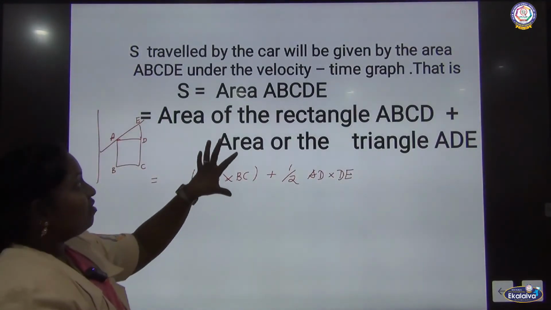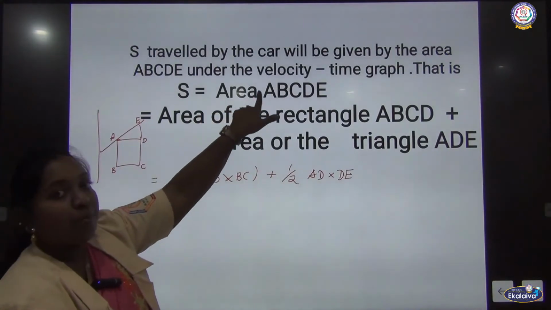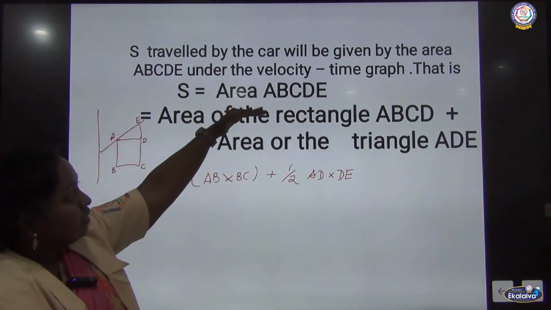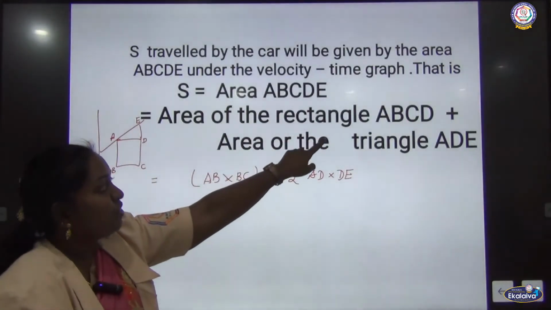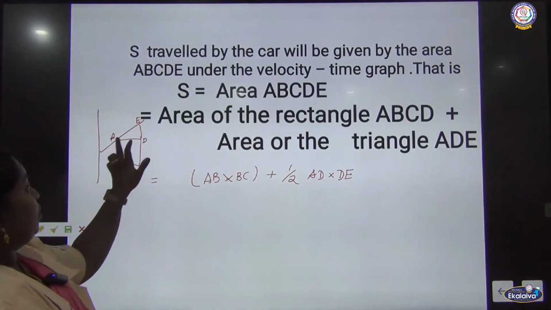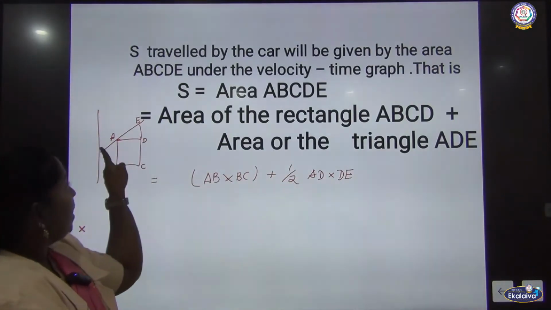This is the area I have taken, S equal to area ABCDE. The formula here is area for rectangle plus area for triangle. Area for rectangle is ABCD, area for triangle is ADE.